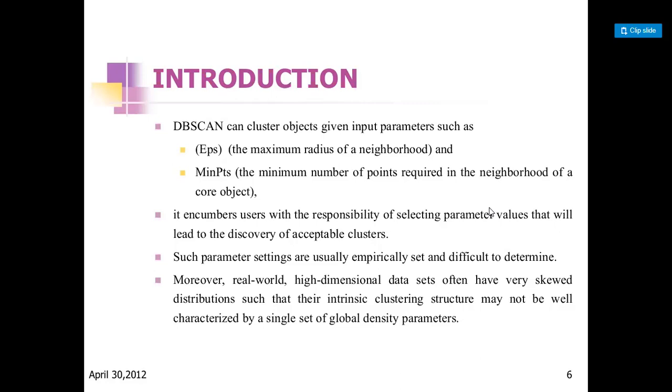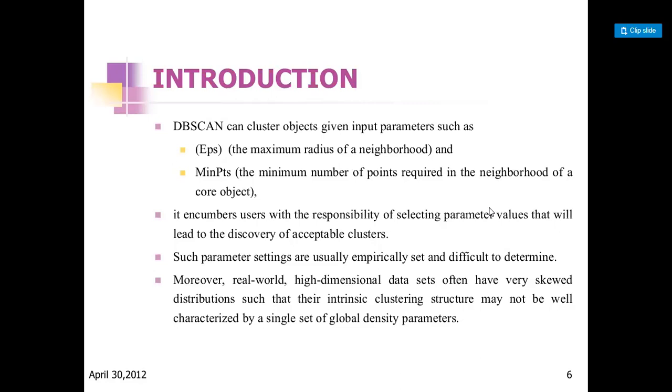If the value of epsilon is relatively high, then we can form a cluster of a size that does not actually represent a cluster. Similarly, if we select a very small min points criterion, the same could happen. So the selection of these two parameters was not well defined in the DBSCAN algorithm.